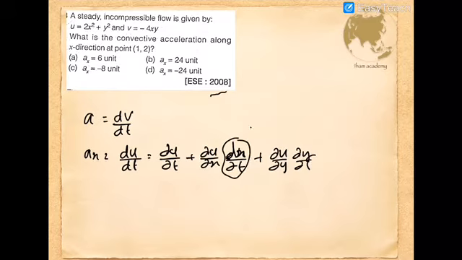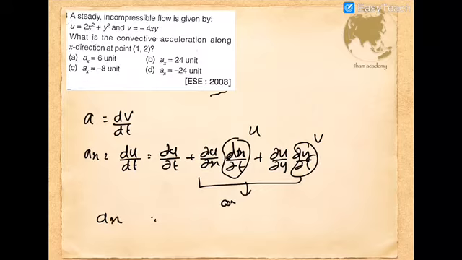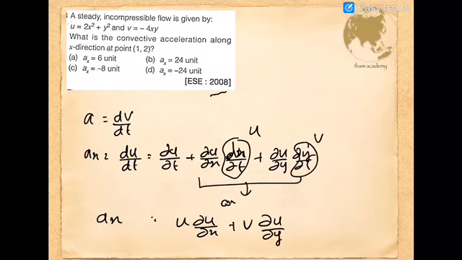So this term we know, that is u itself. This is nothing but v itself. So this is a part of convective acceleration. So we can say the convective acceleration along the x direction will be u into ∂u/∂x plus v into ∂u/∂y.